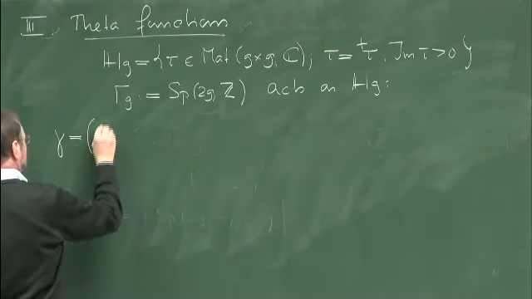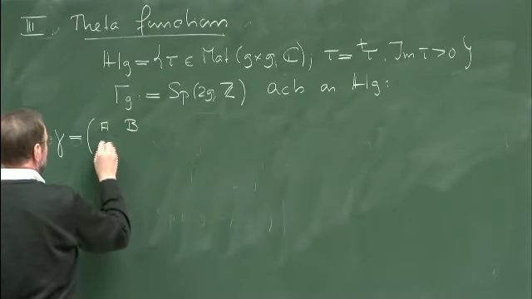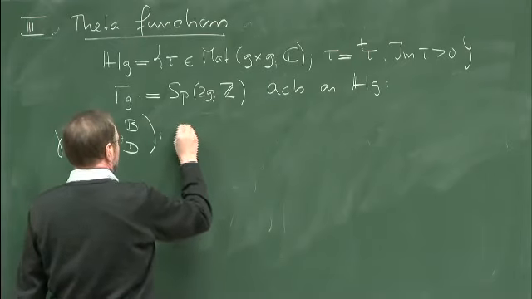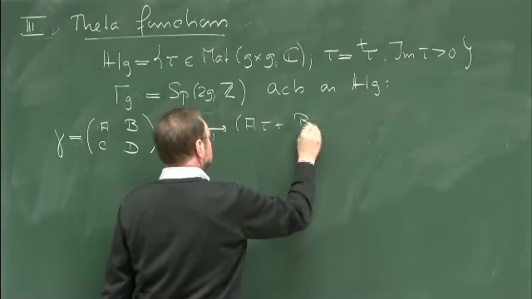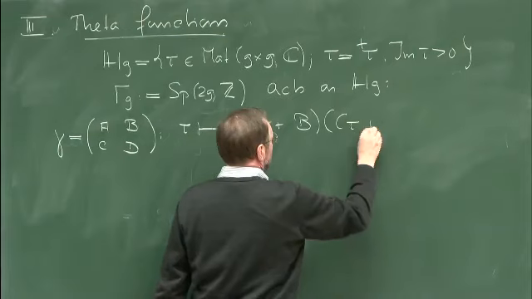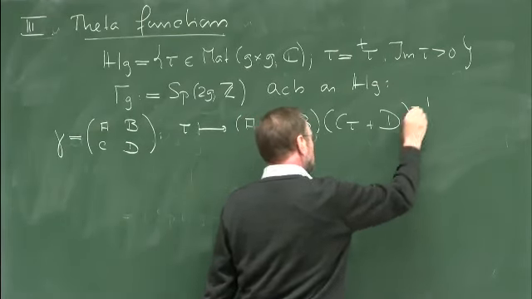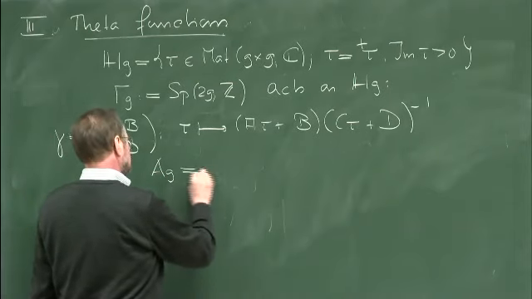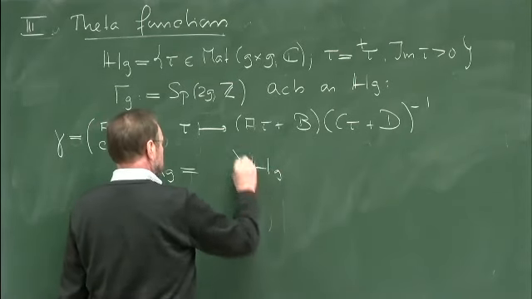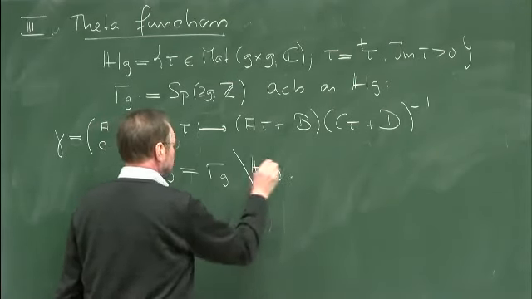If I have a gamma and I write it in g by g blocks, then tau is mapped to (A tau plus B)(C tau plus D) inverse, and analytically A_g is just the quotient of H_g by this group.